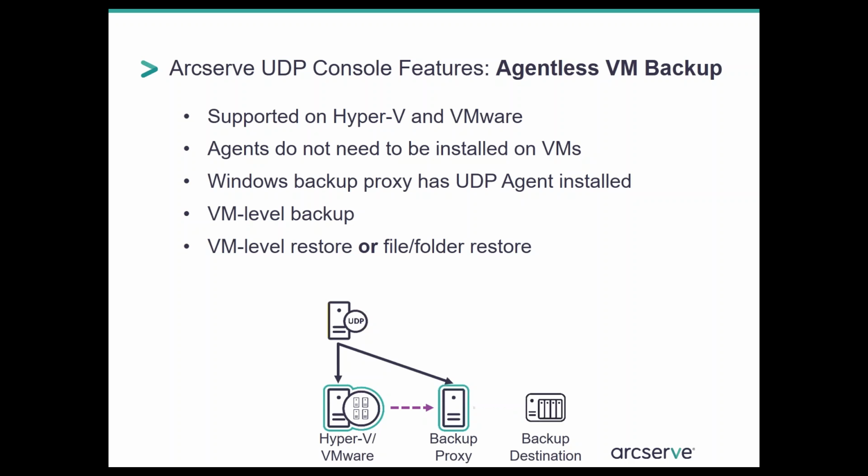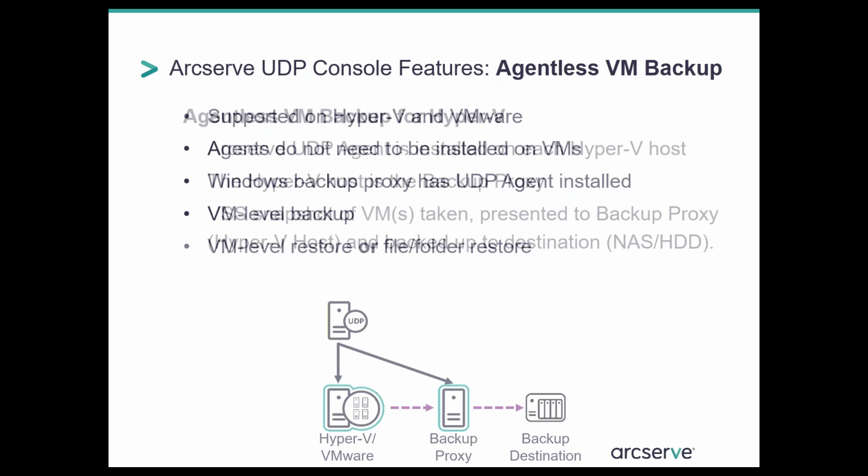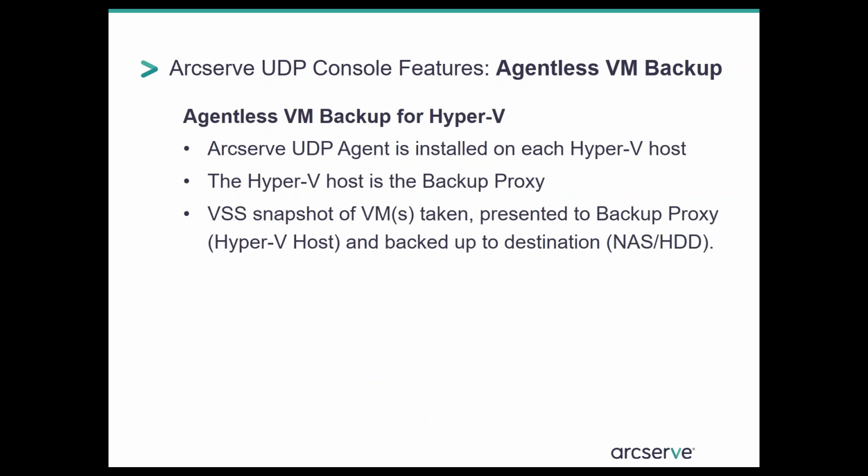I mentioned we can do this on Hyper-V and VMware, so let's take a look at how we can do that with these two hypervisors. With Agentless VM Backup for Hyper-V, we install the Arcserve UDP agent on the Hyper-V host itself. This way, the host is the backup proxy.